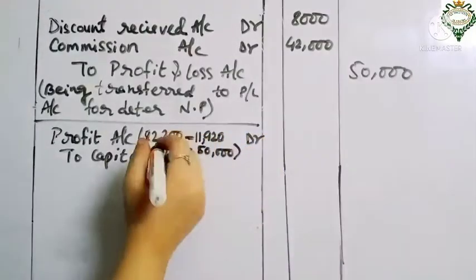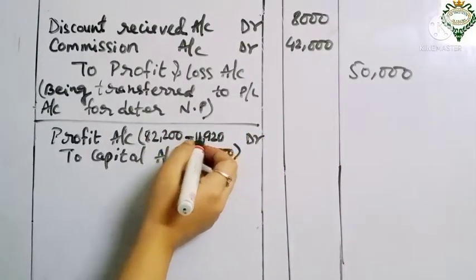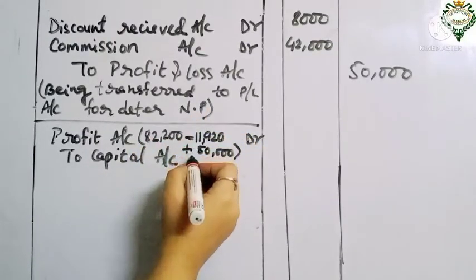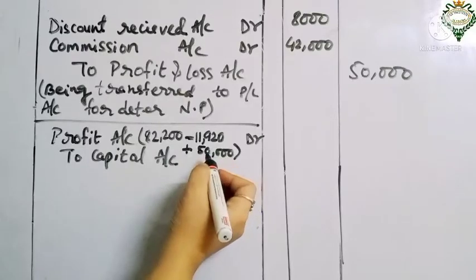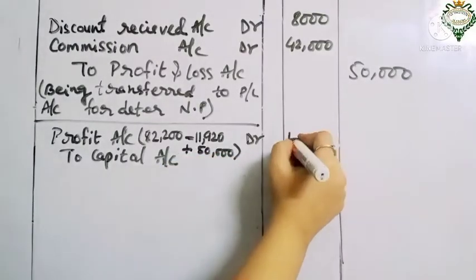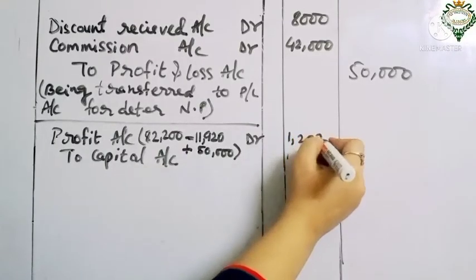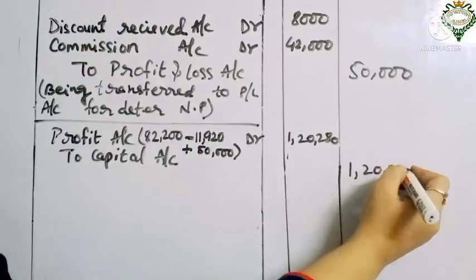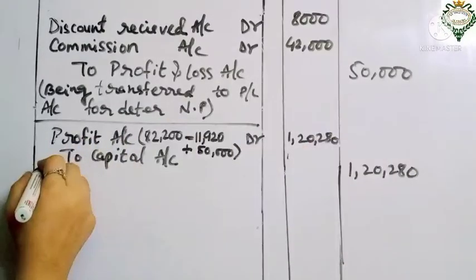So we have to subtract 11,920 from 82,200, and then the amount we get, we have to add 50,000 to that, and after all this calculation we will get 1,20,280 as our net profit that we have to transfer to capital account, okay.